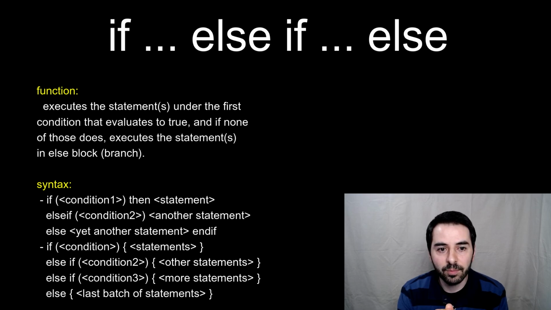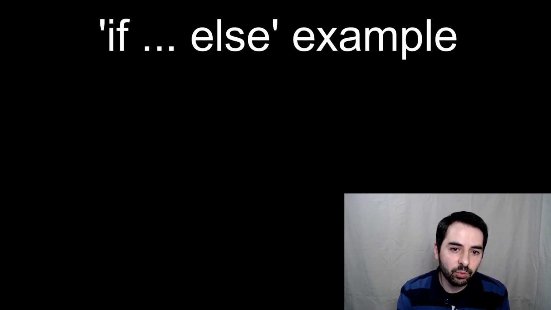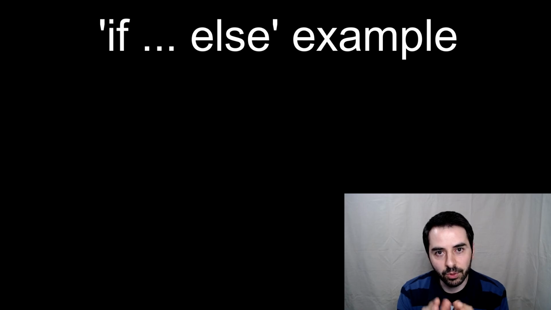So you say else if, and you can provide another condition, and you can have that multiple times, and then at the very end you can have else, and then the terminating keyword. So if then else will allow us to pick between 2 branches, 2 possible choices.